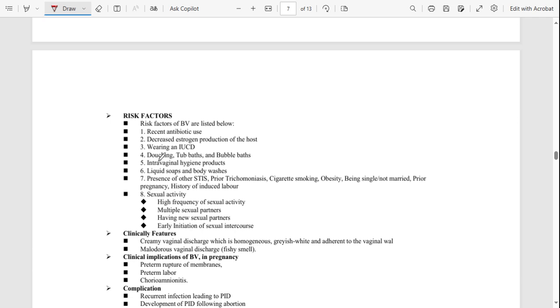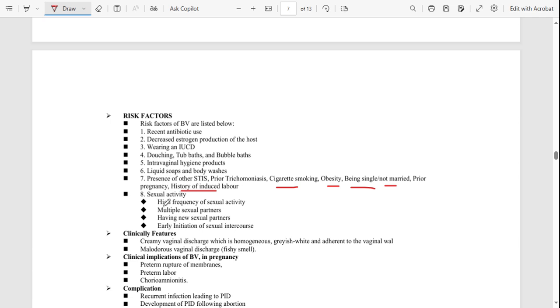Intravaginal hygiene products, liquid soaps, presence of other STIs like trichomoniasis, and other conditions like cigarette smoking, obesity, being single or not married. You can think about why that one is a risk factor. And then prior pregnancy, history of induced labor.